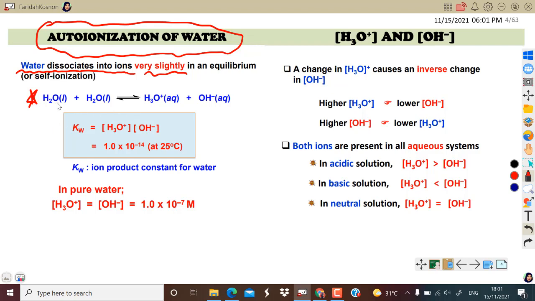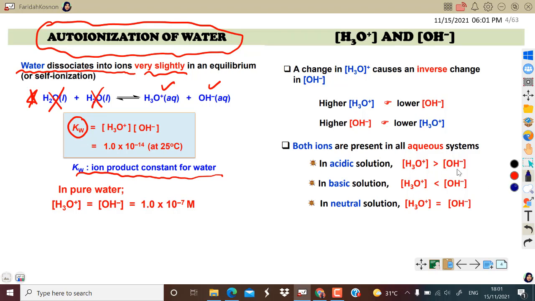So, from this equilibrium equation, okay, dengan mengabaikan concentration of water liquid, okay, so hasil darab these ions, the concentration of the products, which is hydronium ion and hydroxide ion. So, hasil darab ini akan menghasilkan satu nilai constant yang kita panggil Kw. So, what is Kw? Ion product constant for water.